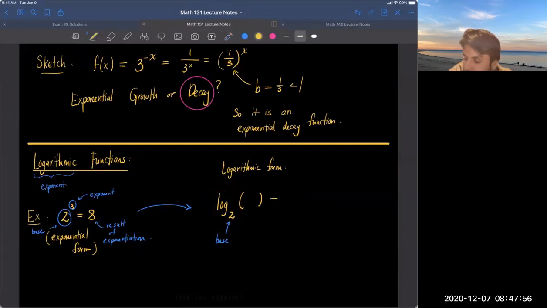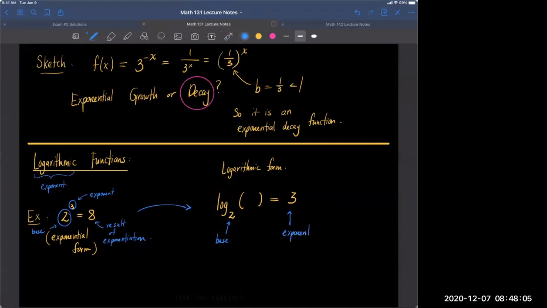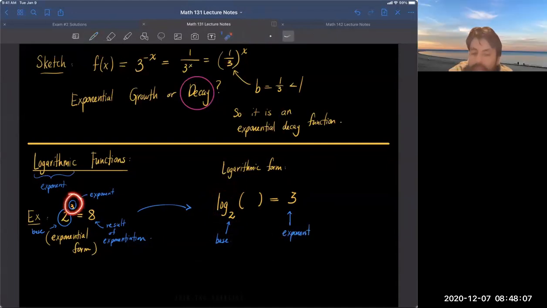What this results in is the exponent. This is the exponent that you find here, and the input is 8. So do you see how I rewrote this?